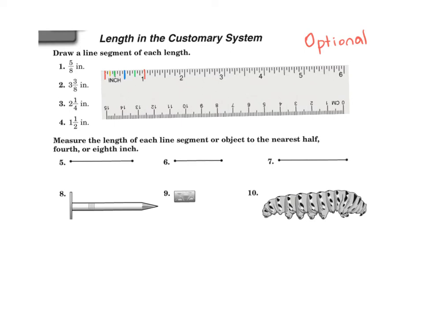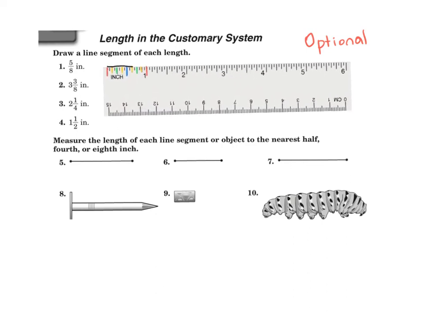And then our fourths is broken down into eighths. So if I was drawing a line that was 5/8 long, I'm going to count, I know 4 is right in the middle, I'm going to go one more. So that would be my line that's 5/8 of an inch long there. Okay, so you could do that for those 4 if you have a ruler.